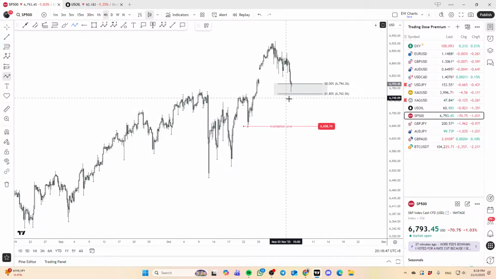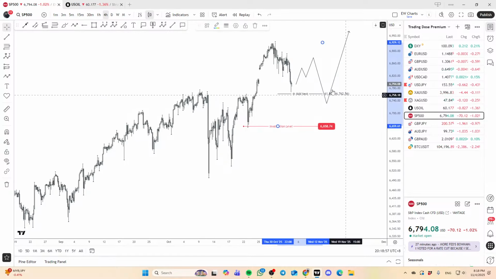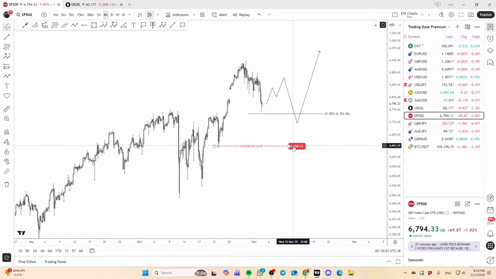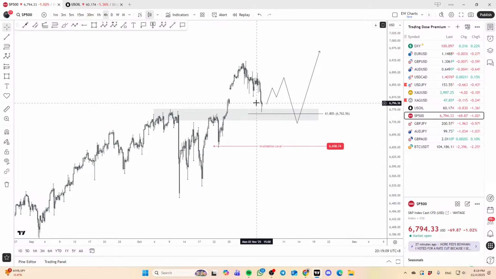Okay, so what you can then expect is, I would say, if this were to just pull back a little bit deeper, right? Since it's already tagging at 50%, right, we'll just readjust a little bit. So if this were to just pull back a little bit deeper, we do have some confluences there as well.